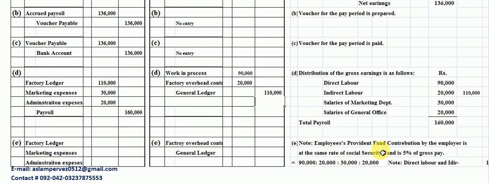Employer's provident fund contribution is at the same rate as the social security fund, 5% of gross pay.